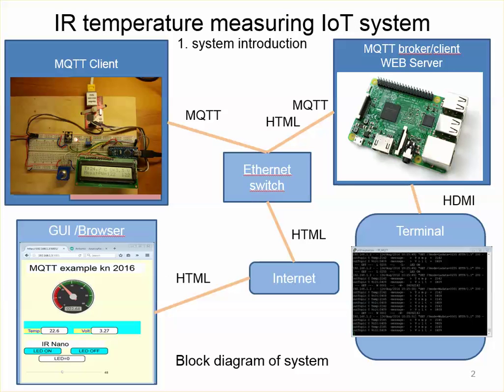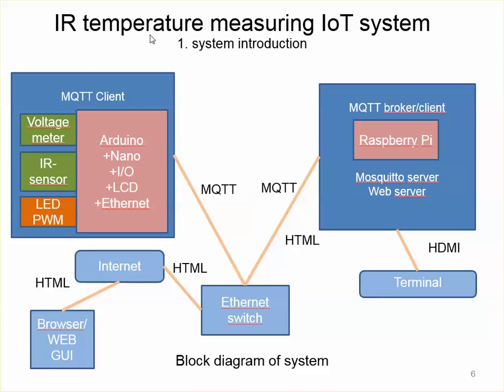Here is again a picture of our system, and here's the same system with the block diagram pictures. If we first look at the sensor side, the Arduino side, the Arduino and the sensors are working as an MQTT client.